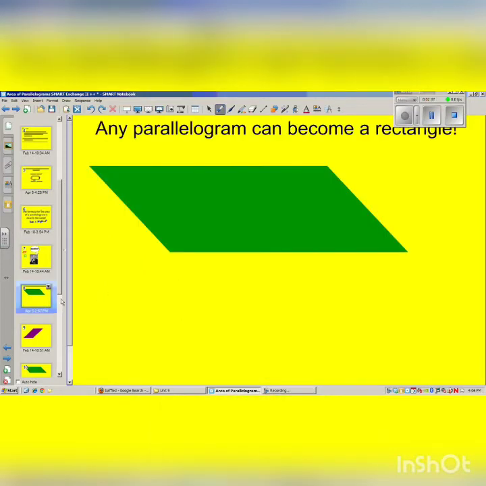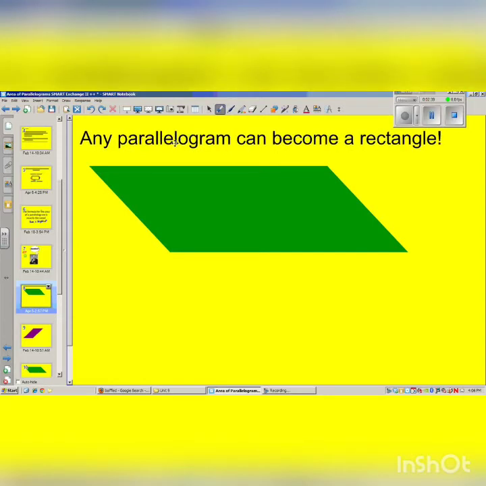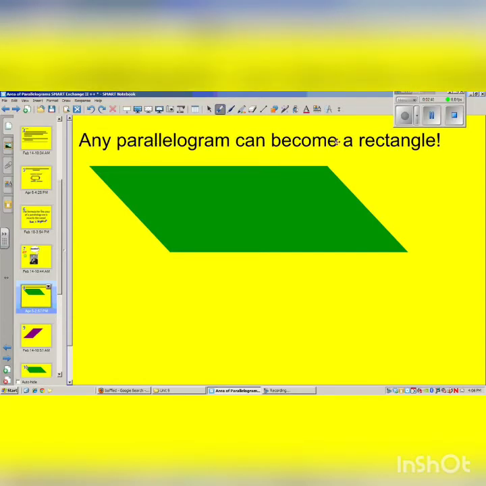The reason that it works is that any parallelogram can become a rectangle. Let me say that again. Any parallelogram can become a rectangle. Let me show you how. Here we have a pretty normal parallelogram.